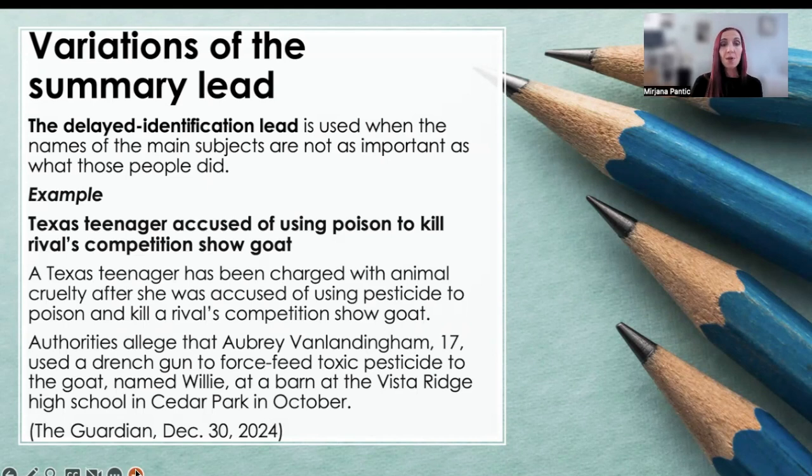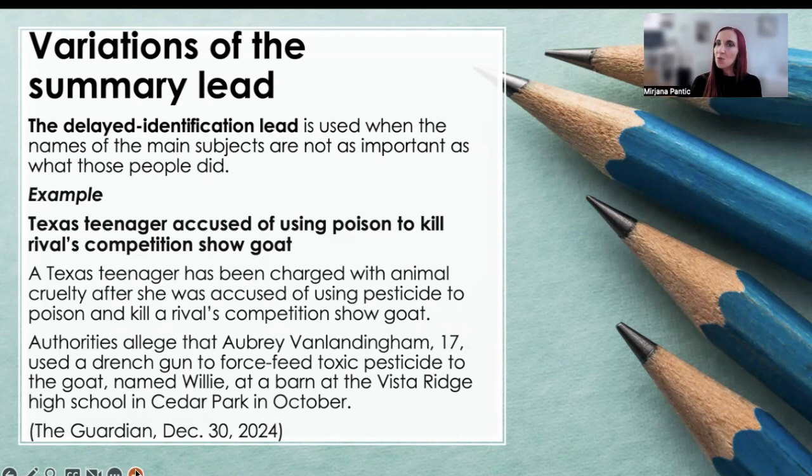So this example, I found at the end of 2024 on the Guardian website. The headline was: Texas teenager accused of using poison to kill rival's competition show goat. Now, looking at this headline, remember when we were talking about news elements and what would make a story engaging or important or basically newsworthy.